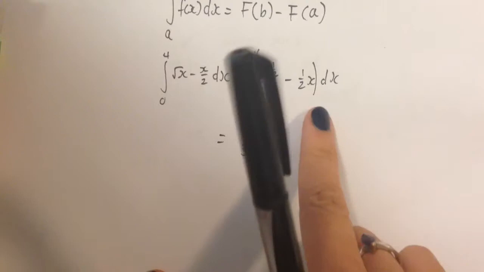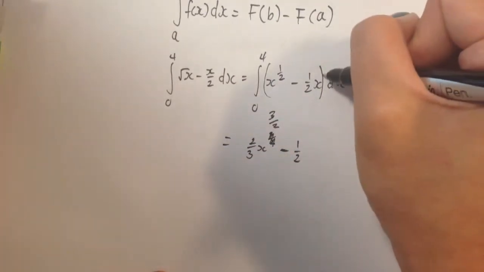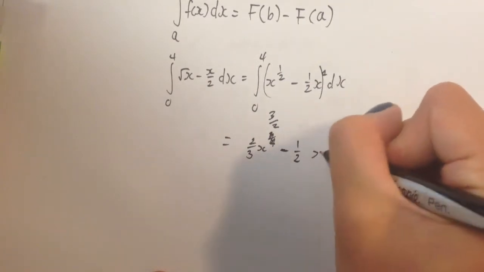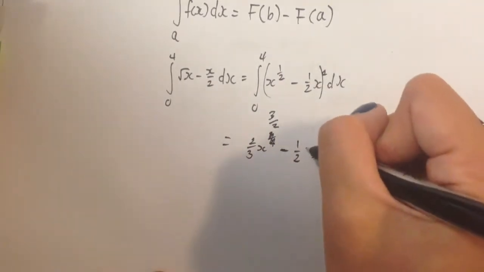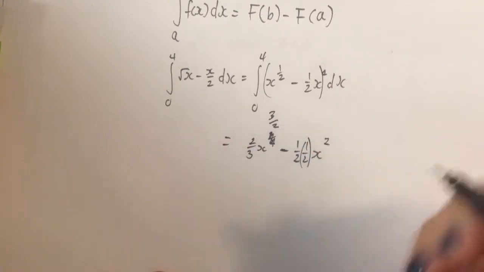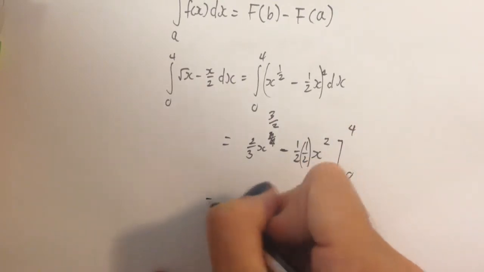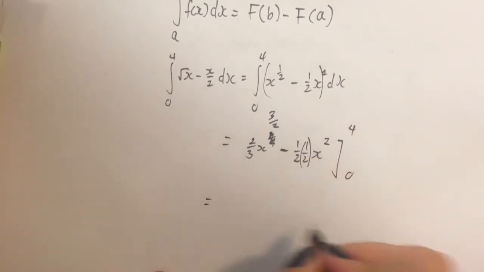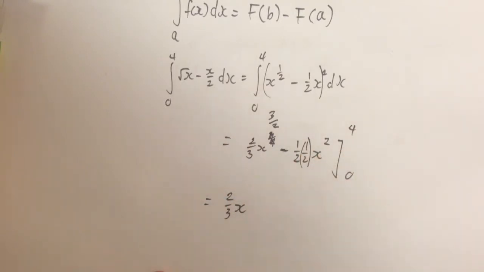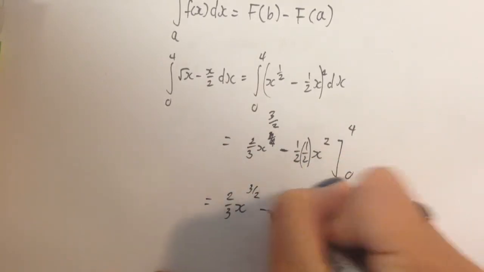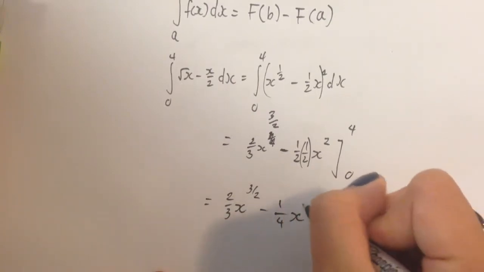Minus, we're keeping the coefficient, so we just put that right there. And this is actually x to the power of 1. So if we add 1 more, it'd be x to the power of 2, and times the reciprocal, which is 1/2. Keeping in mind 0 to 4. So to make that look nicer, it's 2/3 x to the power of 3 over 2 minus 1 divided by 4 times x squared.